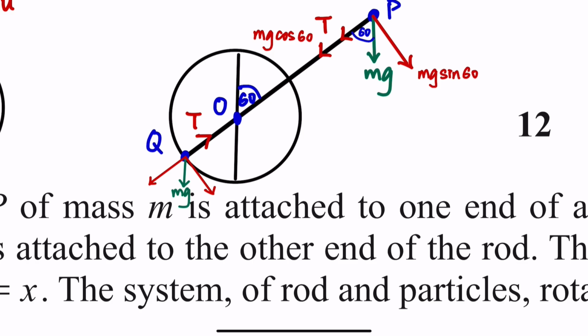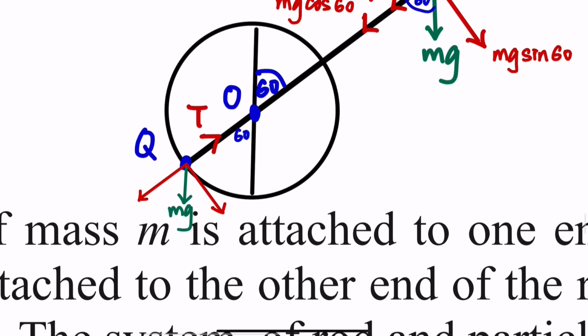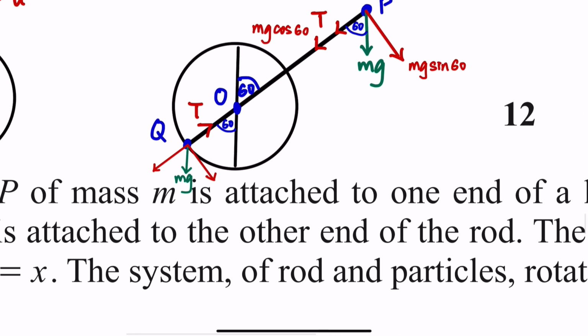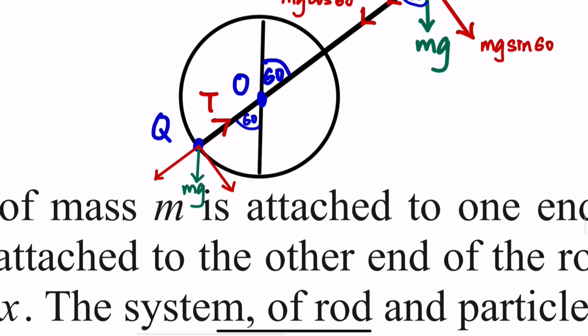We know that this is also 60 degrees, and that this is a complementary angle, so this would be 60. So this direction would be mg cos 60, and this would be mg sin 60.